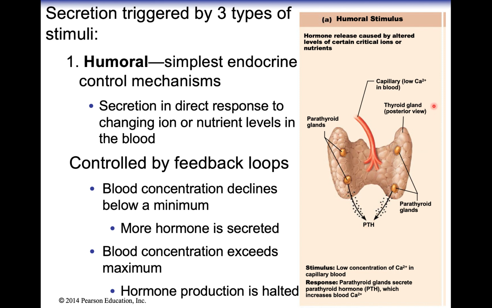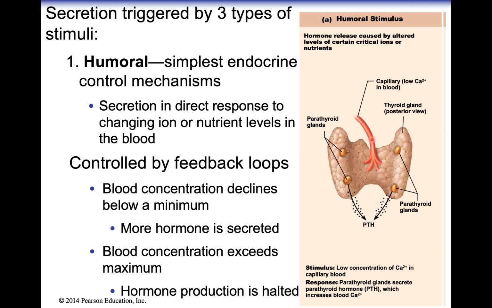So the way this works is blood is constantly circulating, and eventually blood is going to make its way through this little artery. And in this artery, you're going to have what's called chemoreceptors. Now, you've heard this term before. It is a type of receptor that actually senses changes in chemical concentrations in your blood.